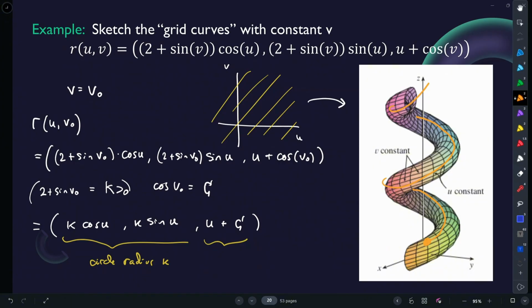I'm not going to do the one with u constant because u constant is a lot more complicated. What it's doing when u is constant is actually doing a double helix, in that it's going around, but also moving about as it goes up.